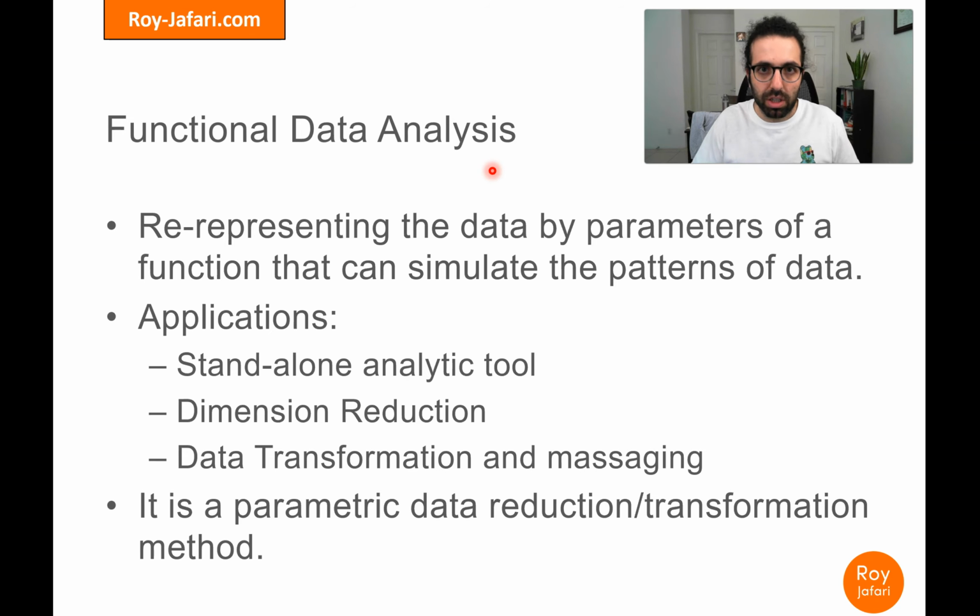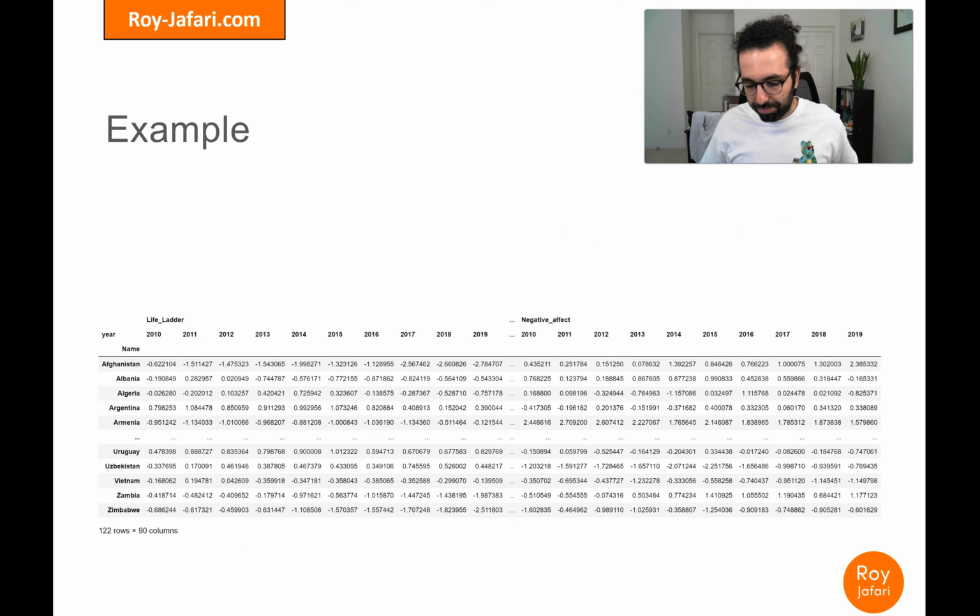So that function can simulate the patterns of the data. Like I said, you can have different applications, and when we use it as a data reduction or dimension reduction method, it's an unsupervised dimension reduction that is parametric, unlike principal component analysis. We will see what we mean by that in this video.